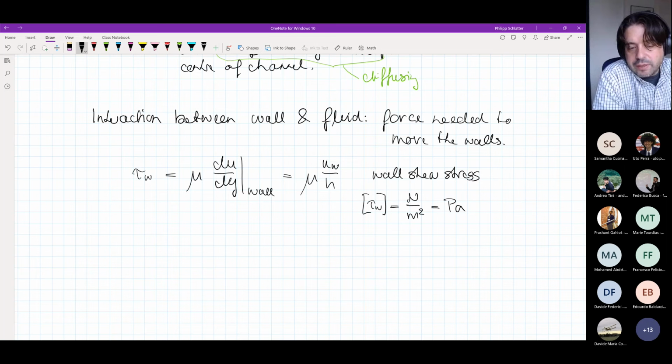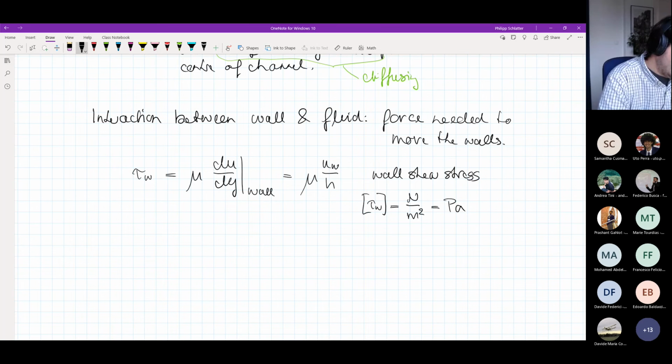But in the end, it's the same physical meaning behind it. The pressure would then just be a normal stress, and in this case it would actually be a shear stress, because the force is not normal to the plane that we consider. Yeah, so this is the wall shear stress. The tau wall is mu times uw divided by h.